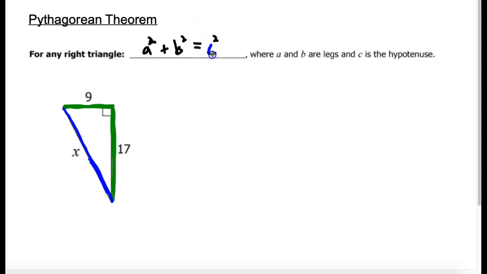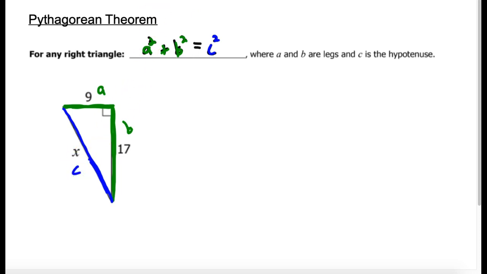We can color code here. A and B are the two legs. It doesn't matter which one's which between A and B, but these would be A and B because they make up the right angle.